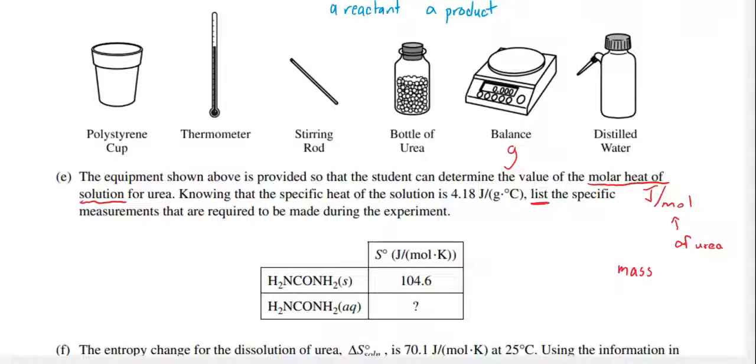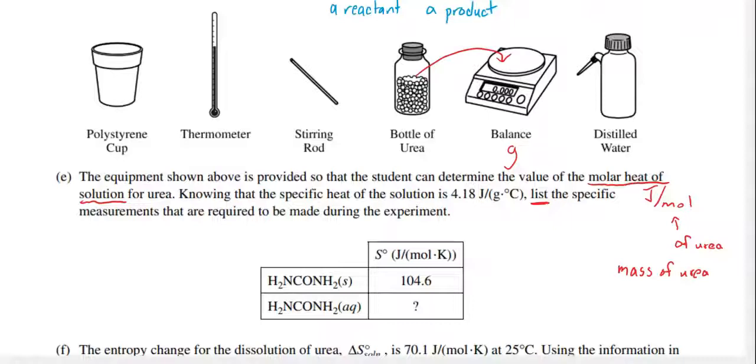Now the question, though, is can we directly measure that? That's another thing we have to think about. Is there a way to directly measure the mass of urea? In this case, there's really not, because we don't want to put the urea directly on the scale.